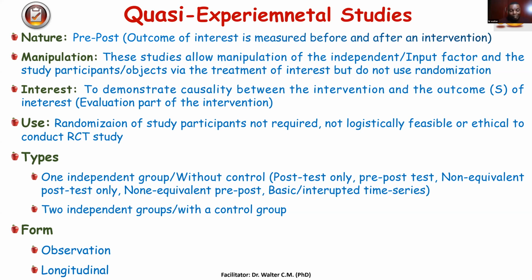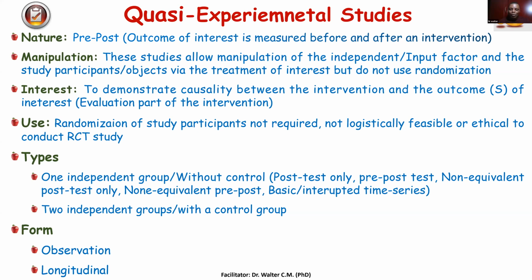We have subtypes also. We have quasi-experimental, one group, post-test only. And this one is applicable once you know that it is those studies where you don't administer a baseline assessment or pre-test.